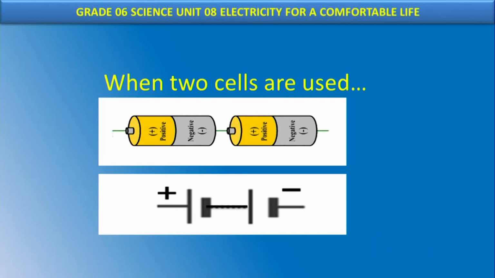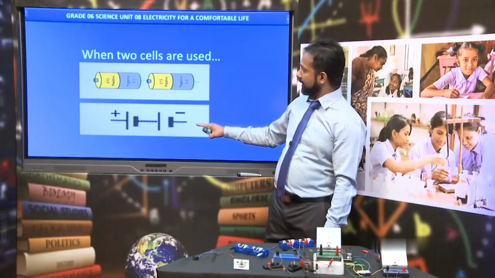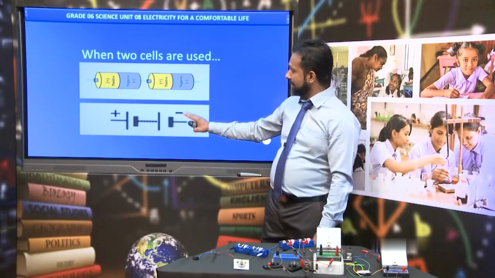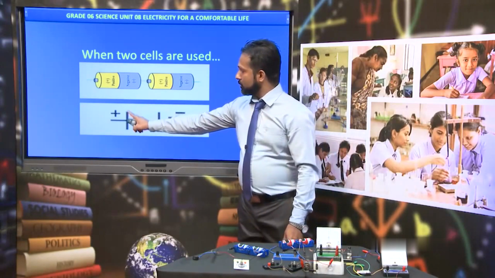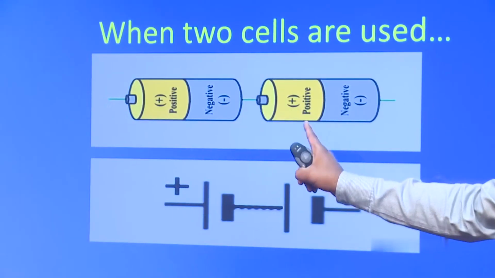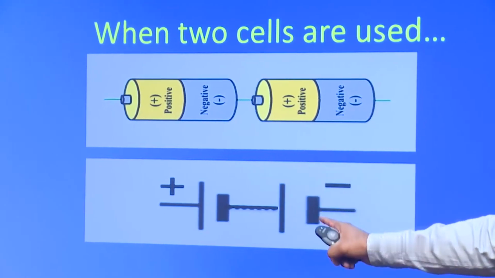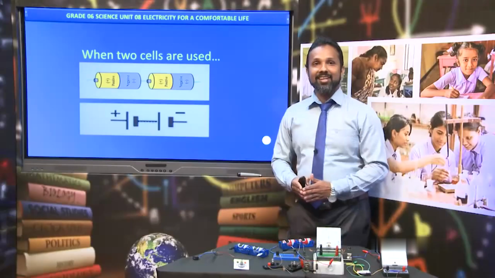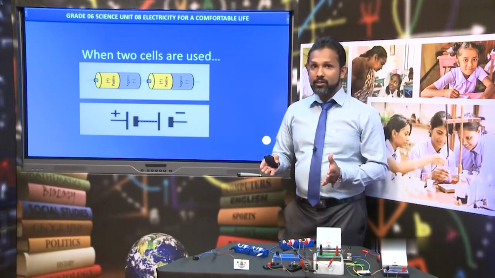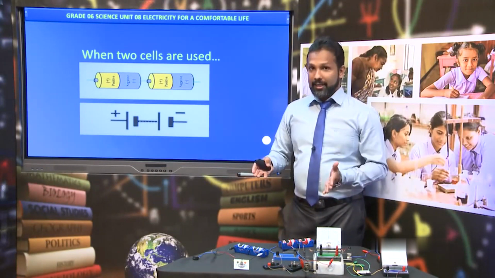When two dry cells are there, this is called a battery. Then the symbol of the battery can be represented in this way: positive terminal, negative terminal, short line, positive terminal, negative terminal. This is the symbol of a battery. A battery means two or more cells.